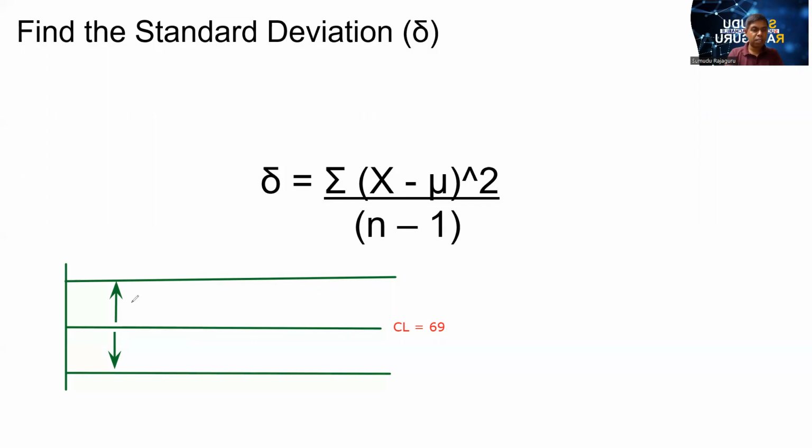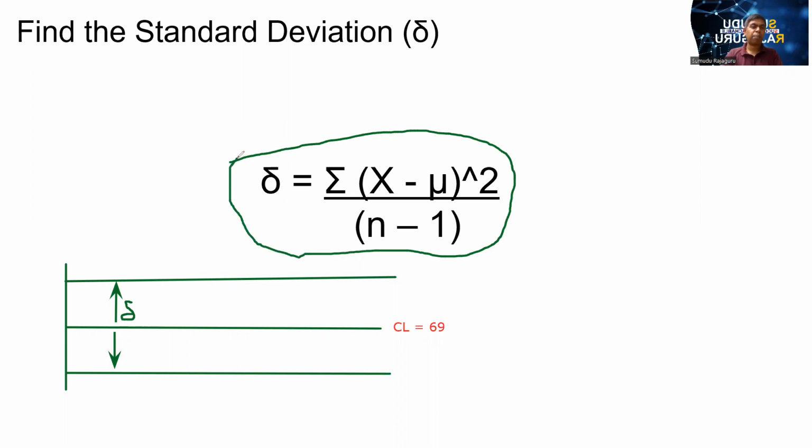Standard deviation we denote by sigma. There is an equation to find the sigma. You can see this is the equation we can use. So now we have to calculate the sigma.